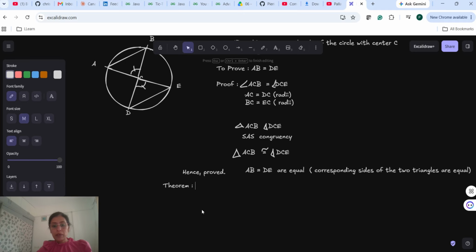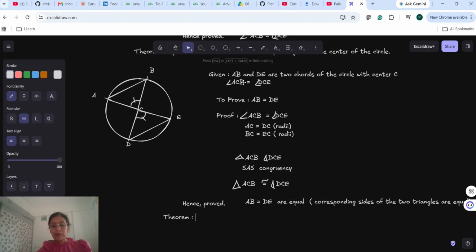So what we were given: if AB and DE are two chords of the circle, or maybe let's not write in those terms.